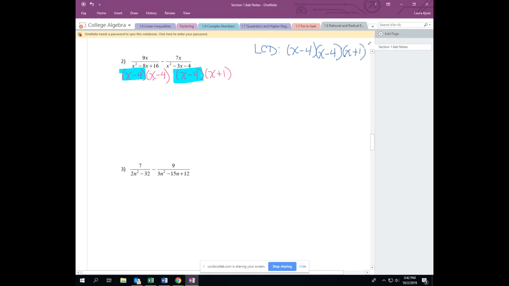So on the left-hand side, I have both of the x minus 4s. I need to bring in the x plus 1. On the right-hand side, you can see that you have one of the x minus 4s and the x plus 1, which means over there I have to bring in the other x minus 4.